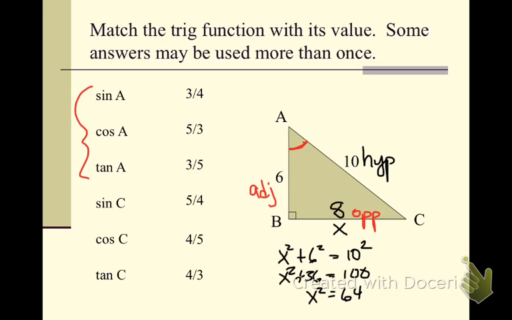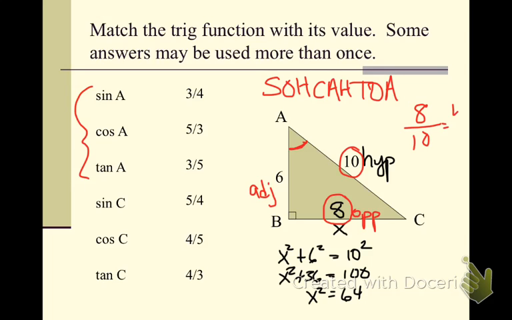So the sine of A, if we think SOHCAHTOA, is going to be the opposite, 8, over the hypotenuse 10. 8/10 reduces to 4/5. So we know the sine of A is 4/5.